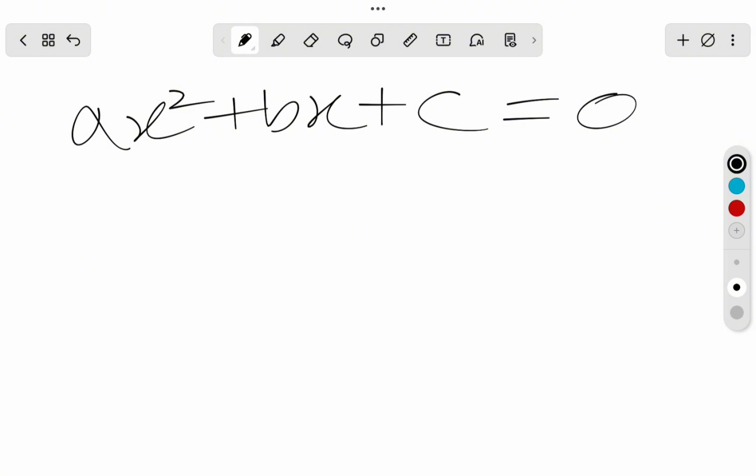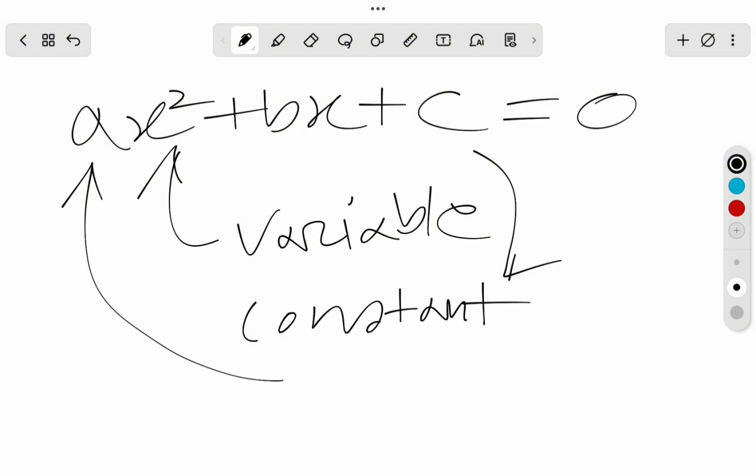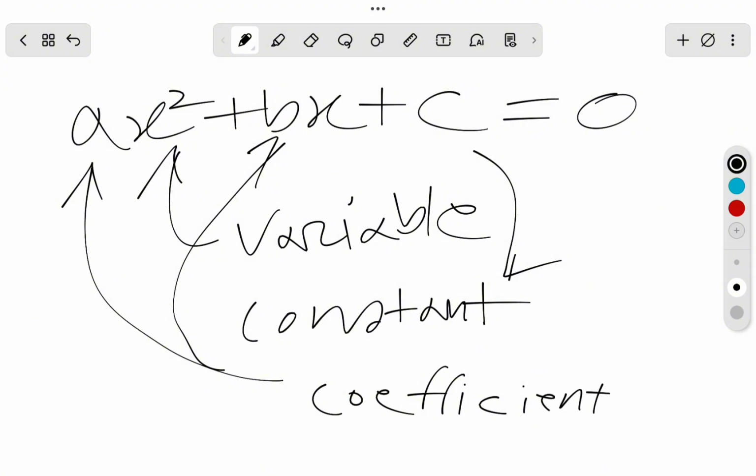In any quadratic equation, this x is the variable, c is the constant, a and b are the coefficients, and this 2 is the degree of the equation.